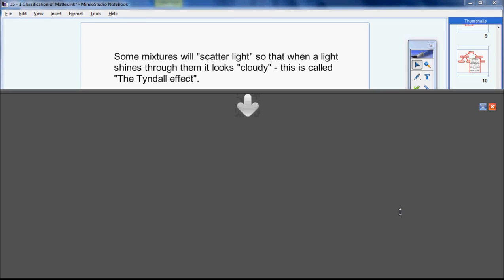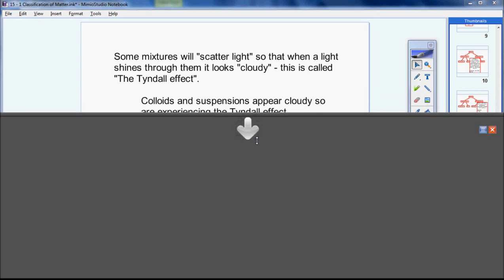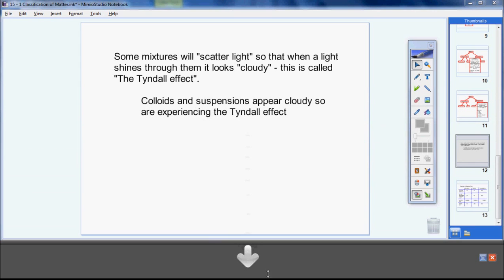Okay. Now there's two types of mixtures that we've already talked about that experience the Tyndall Effect, and that is colloids and suspensions. Colloids and suspensions will both appear cloudy, and so they are experiencing the Tyndall Effect. Suspensions, pond water, you shine the light through and it gets all cloudy looking.